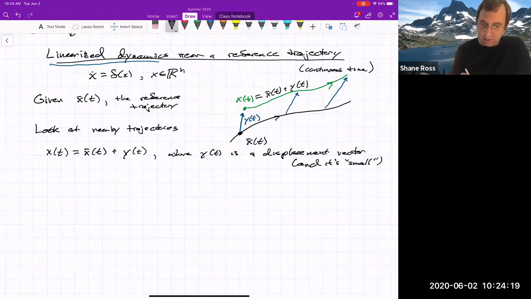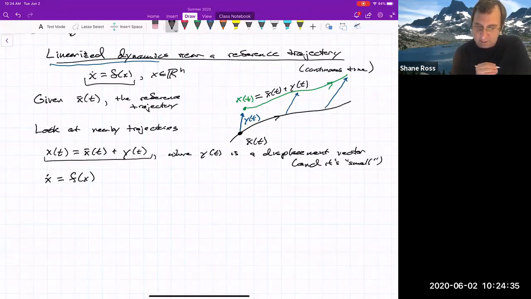So then to get the dynamics around it, x dot equals f of x. That's just our dynamics. But then we'll substitute in how we're writing x, so this is f of x bar plus y. And then we'll do a Taylor series expansion.